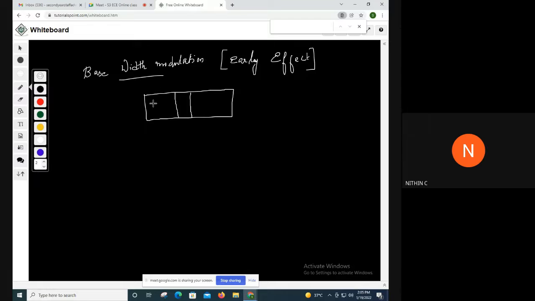So this makes your PNP transistor, where this is the emitter, this is the base, and this is the collector. As usual, we have two junctions, right? So this is the base width, which I represent as WB, the width of the base initially.